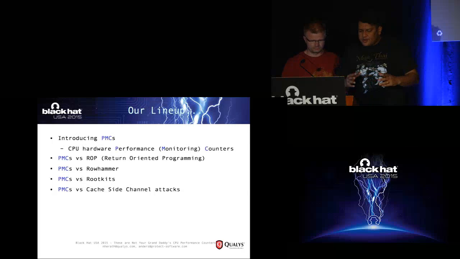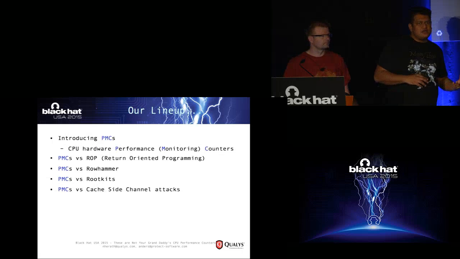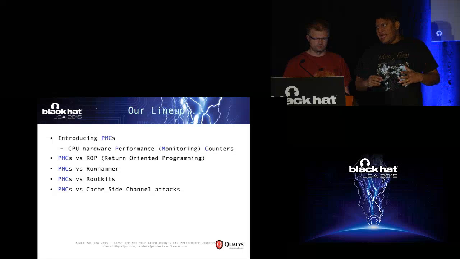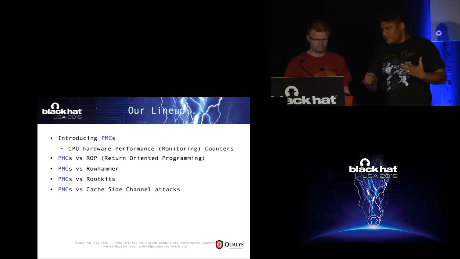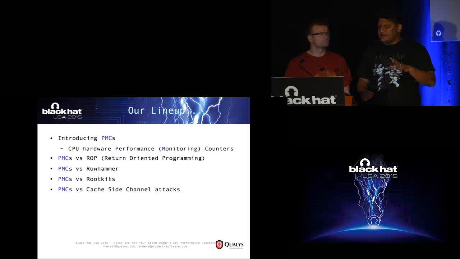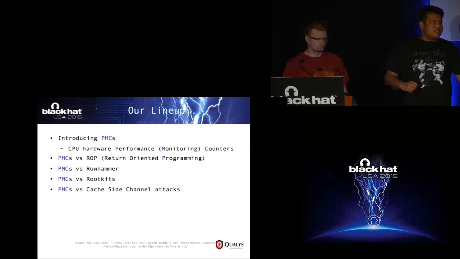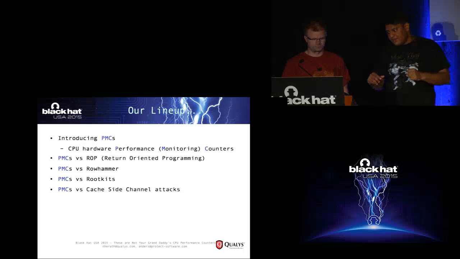And we're going to talk about how these performance monitoring counters can be used as a detection or mitigation method for return-oriented programming. Here we won't be really talking about what we have researched per se, as much as pointing out some of the things that people have done with this.